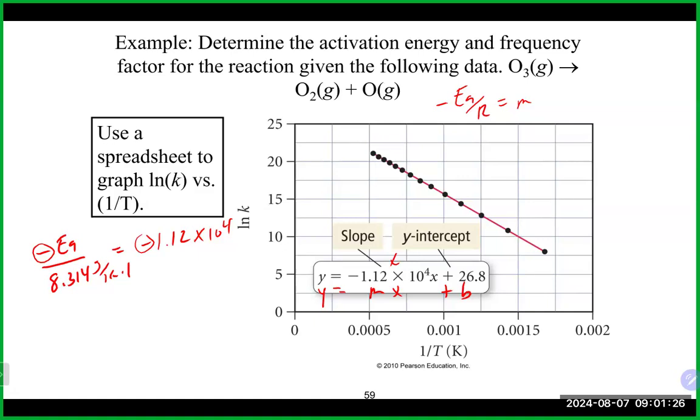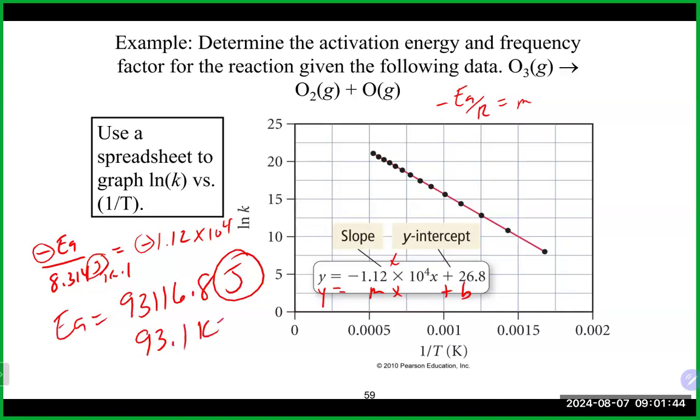And if we do that there, we will end up with an activation energy of 93116.8. The units here are going to be joules based off of this. And if we divide it by 1,000, which is typically what we would do, we would give our answer in kilojoules. So just graphically from this, we could figure out our activation energy in this case, which is 93.1 kilojoules.